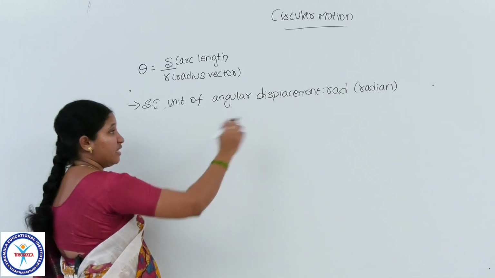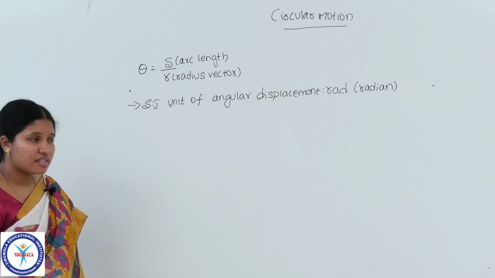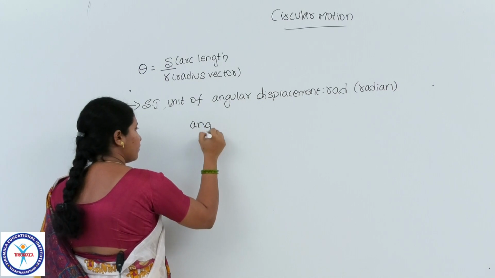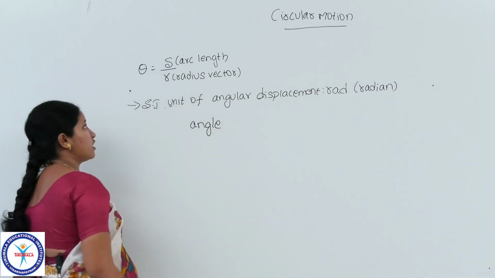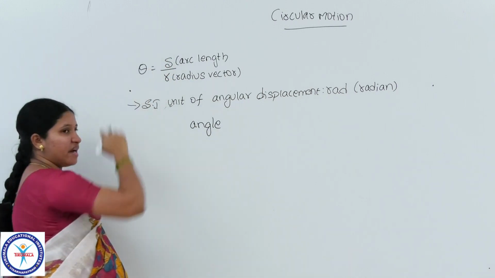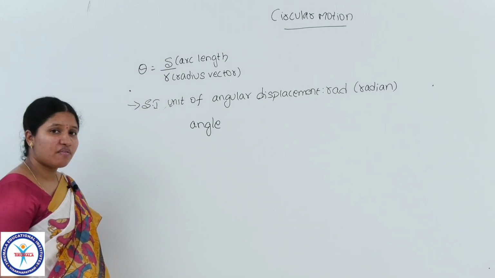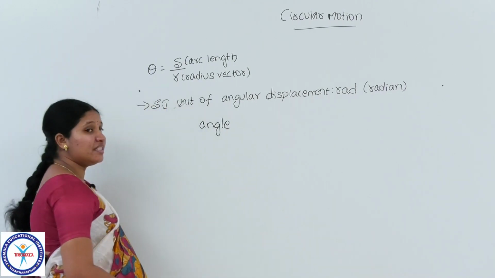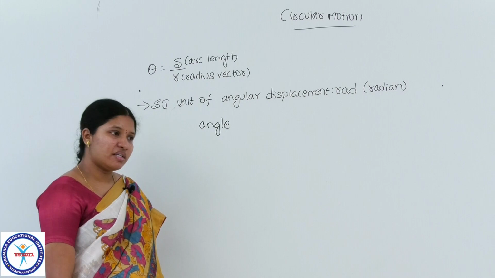This radian is also a dimensionless quantity which is used to represent only angle. If you look at this expression, theta is equal to S by R, both are similar quantities. The ratio of similar quantities gives us a dimensionless quantity. So we have to select the unit also as a dimensionless quantity.